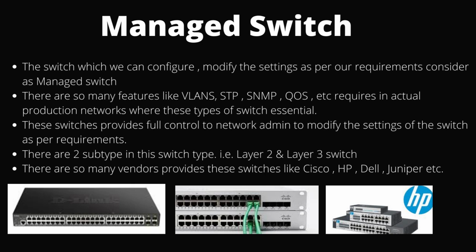There are many vendors who provide managed switches, such as Cisco, HP, Dell, and Juniper. Managed switches are basically used in a production environment where you actually require control. There are numbers of users, and you want to manage particular settings and enable some features required for your environment, where you will need the managed switch.